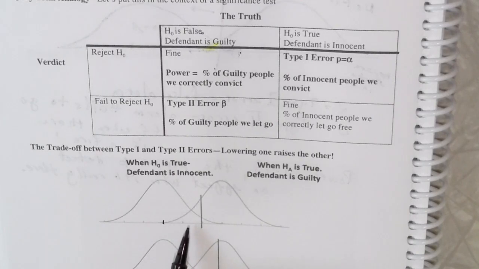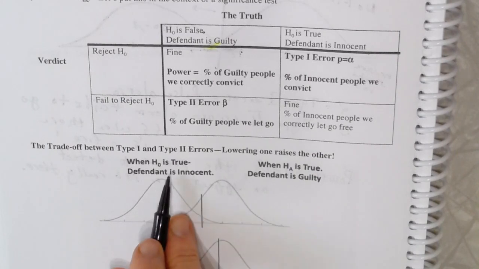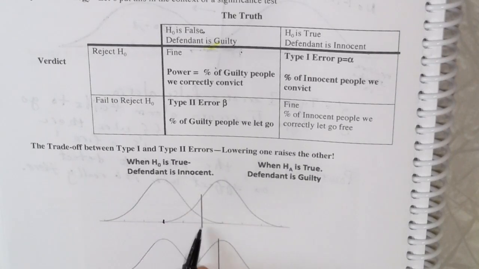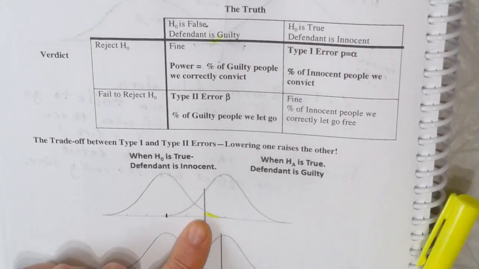They happen to be in the wrong place at the wrong time, or they look like somebody else, and there's eyewitness testimony that they did it, etc. But at some point we decide, even when the null is true, when the defendant's innocent, that it's beyond a reasonable doubt. And that little bit of a reasonable doubt here, right here, is the type 1 error.